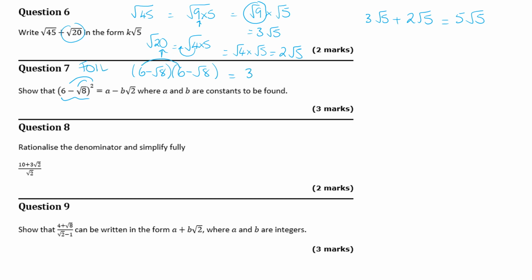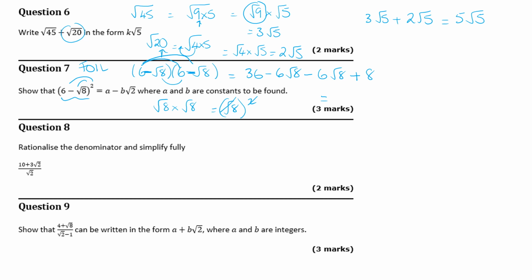First is going to be 36. Outers is minus 6 root 8. Inners is that same again because we've got the same bracket, so it's another minus 6 root 8. And then lasts, a minus times a minus is a plus, and root 8 times root 8 is root 8 squared, and the squaring and rooting will cancel with each other, so you've actually just got 8.